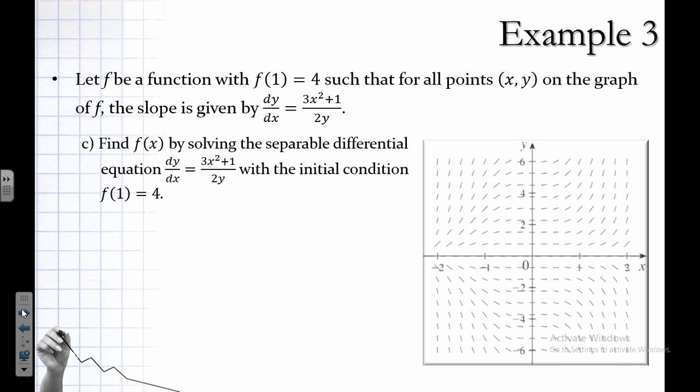All we have to do is cross multiply. So we have 2y dy equals (3x squared plus 1) dx. Don't get too far ahead of me, please. Austin, please give me the antiderivatives. It should be y squared is equal to x cubed plus x plus c.